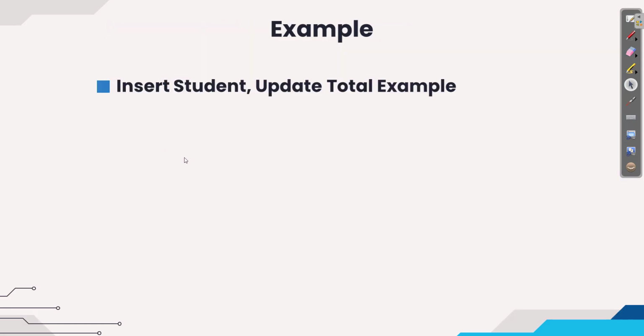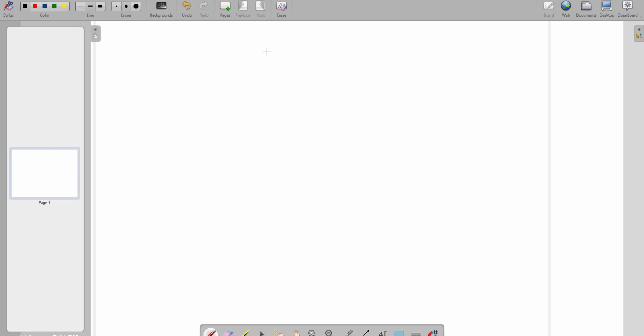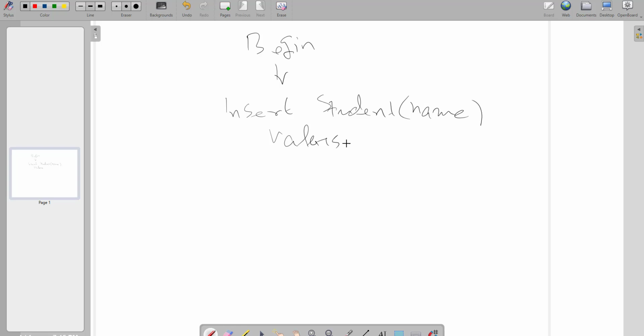Okay, for example, the INSERT statement. For example, INSERT INTO students name VALUES Ahmed.